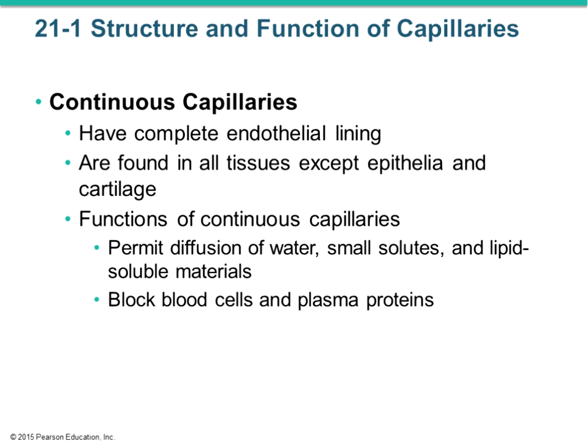Okay? All right, so there are different types of capillaries based on their structure, and that will lead to the different types of functions that they're capable of doing. So continuous capillaries, for instance, as the term indicates, have a complete endothelial lining. Most tissues have these continuous capillaries, and they permit diffusion of water and lipid-soluble materials, while they're going to obviously block blood cells and plasma proteins and things like that.